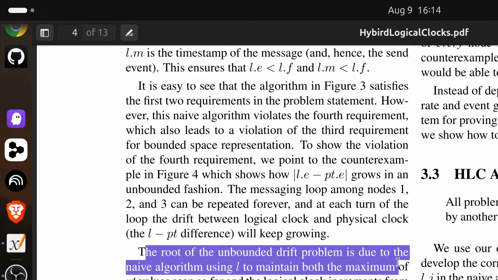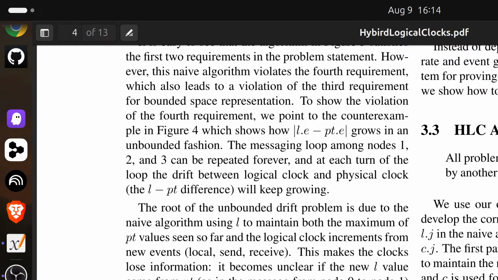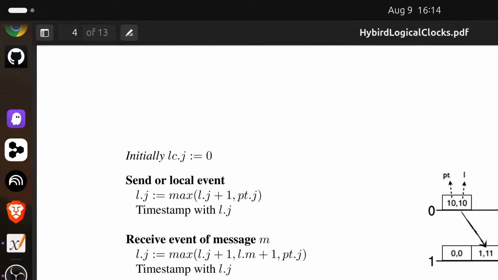Root on 1 directs from due to the naive. So far, the logical function from the events, logical relationship. This makes the clocks important. It becomes unclear as in the message from node 0 to 1 or from causality. So at node 0 physical time is 10 and logical time is also 10.